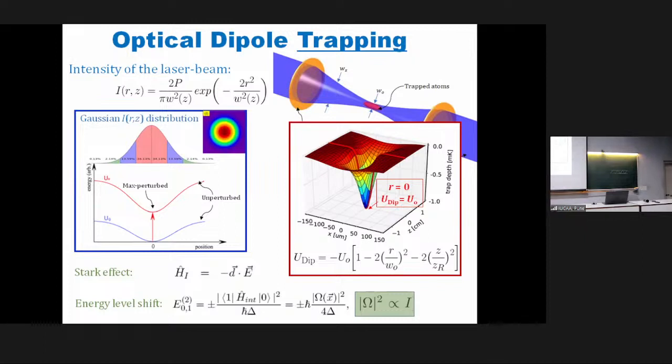But if you have 3 perpendicular laser beams, then you can create a 3-dimensional potential of this kind. Just rotate this in 3 dimensions. You have to use your lasers in such a way, let's not go into the technical detail, and then you can create a 3-dimensional potential, which is like this egg carton periodic potential. That's how we create it.